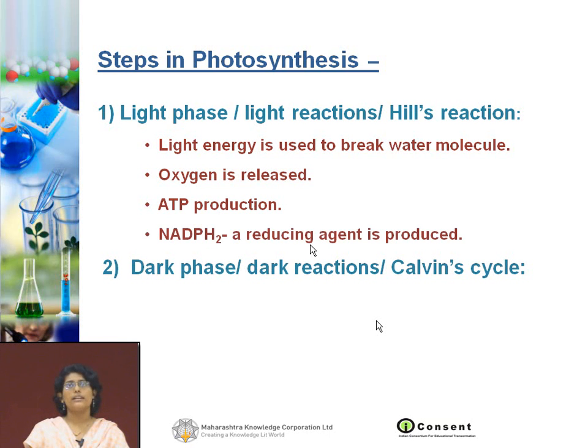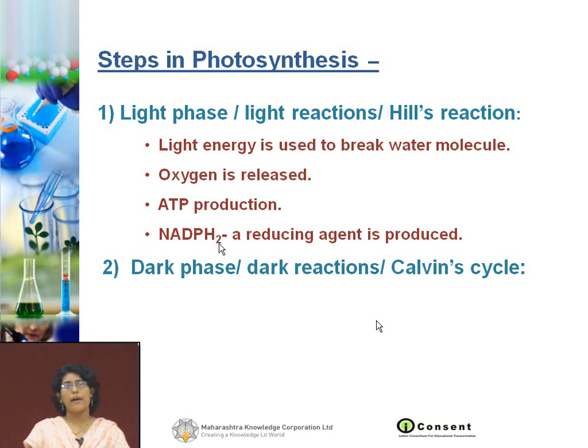NADPH2 molecule is produced, which is a reducing agent. It comes from NADP, nicotinamide adenine dinucleotide phosphate. When it is reduced, two hydrogen atoms bind to it to form NADPH2, which is the reduced form. When it has two hydrogen atoms, it is called a reducing agent.